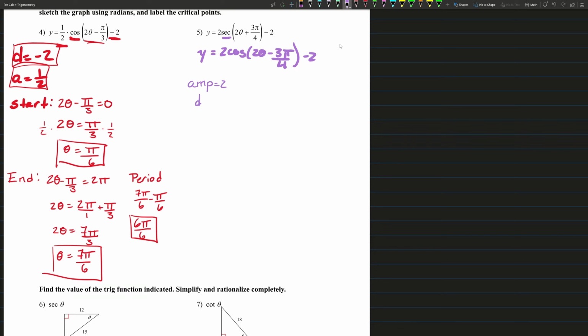Our vertical shift is negative 2. Our start, we take our angle and set it equal to 0. For the end, we take our angle and set it equal to 2 pi.